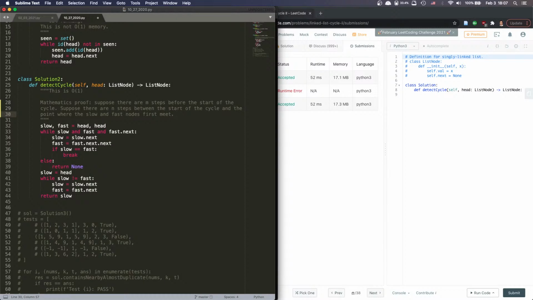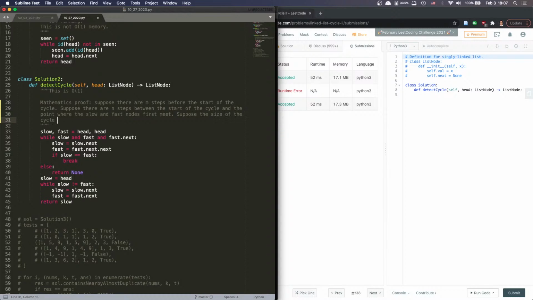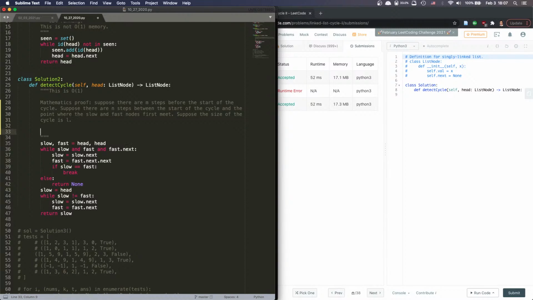And suppose the length, the size of the cycle, is L.